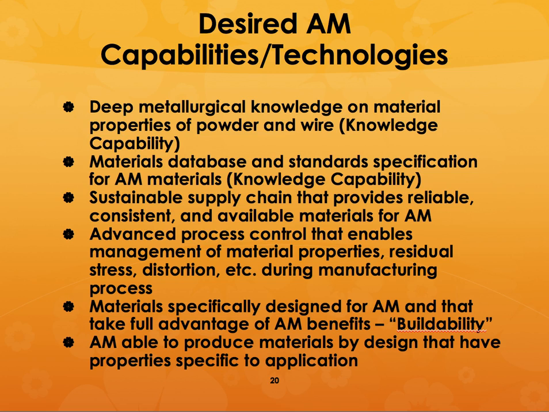So for that, you need to have extremely good metallurgical knowledge on the material properties of the powder and wire. So more powders need to be prepared. If you buy stock, I would advise you to buy stock in companies that are making metal powders, because those companies are going to grow a lot more in the future.